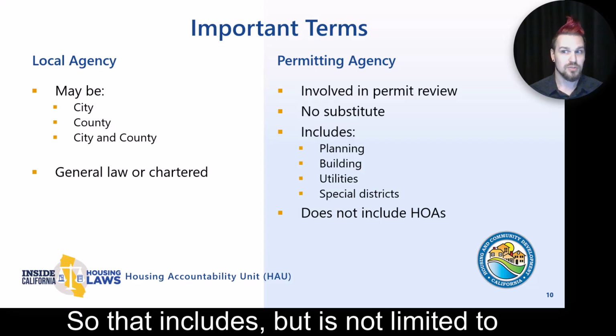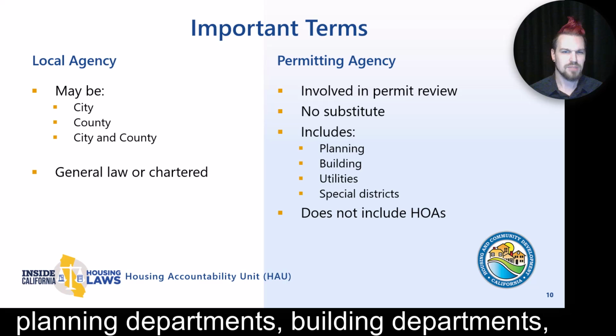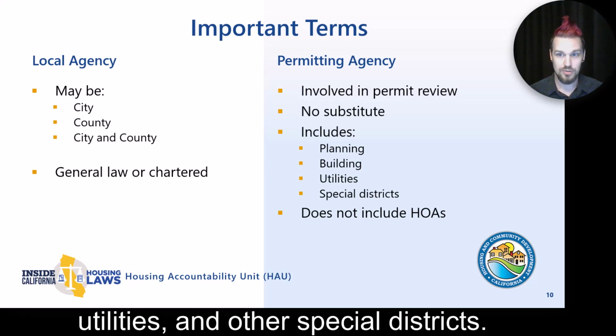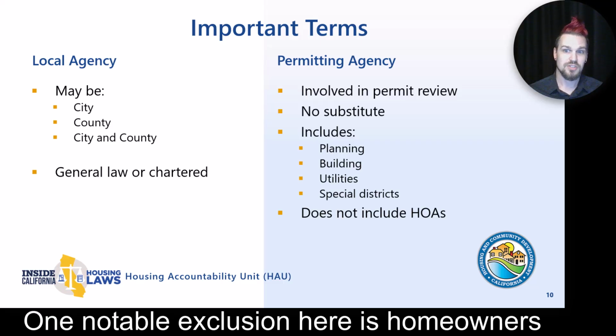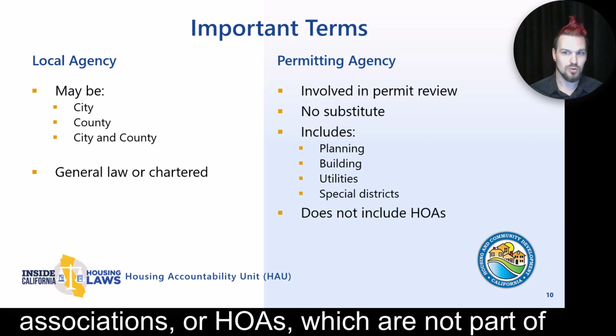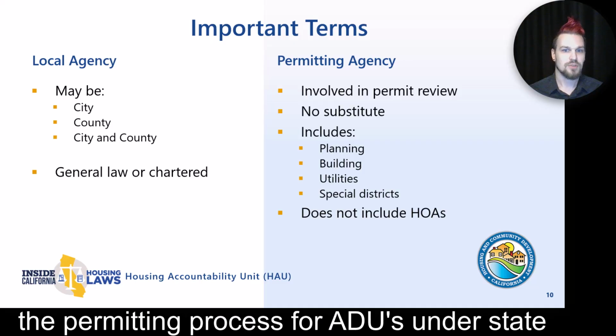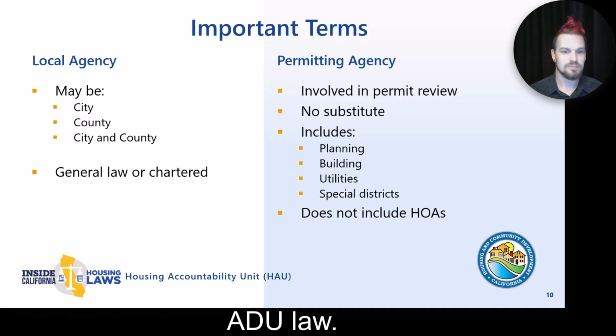So that includes, but is not limited to, planning departments, building departments, utilities, and other special districts. One notable exclusion here is homeowners associations, or HOAs, which are not part of the permitting process for ADUs under state ADU law.